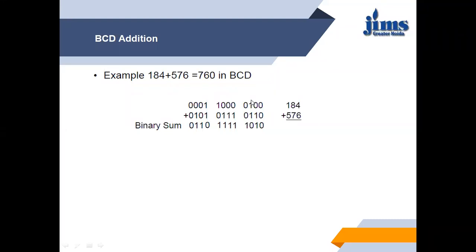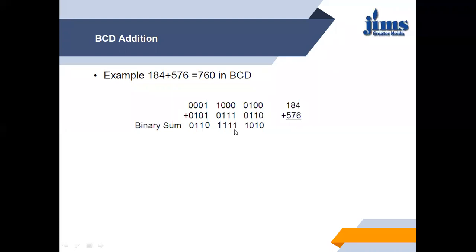Okay, fine. Now look into the sum. The first 4 bits 1010 represent 10, and 1111 represents 15, and both 10 and 15 are unused states, which are not BCD, because BCD is from 0 to 9. So 10, 11, 12, 13, 14, 15 are the numbers which are not BCD.